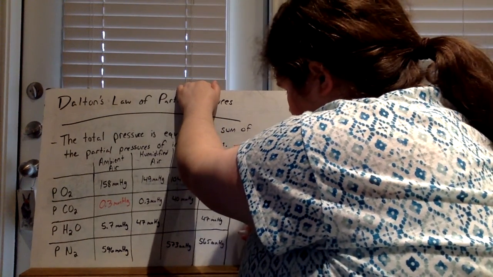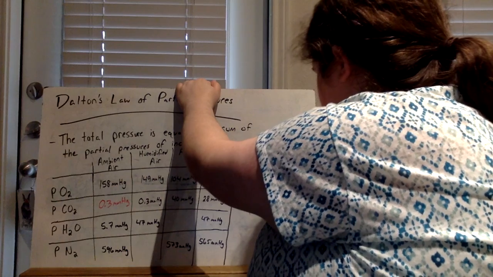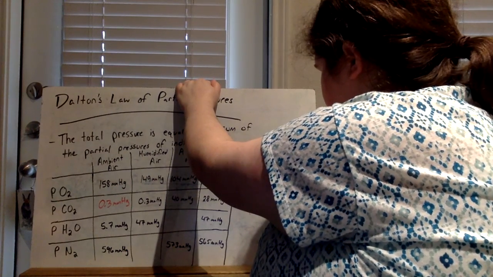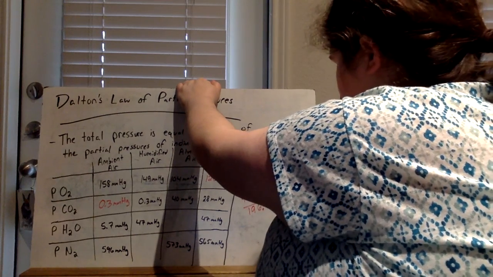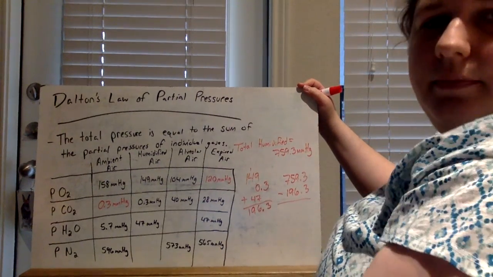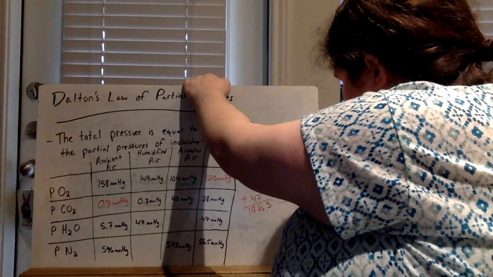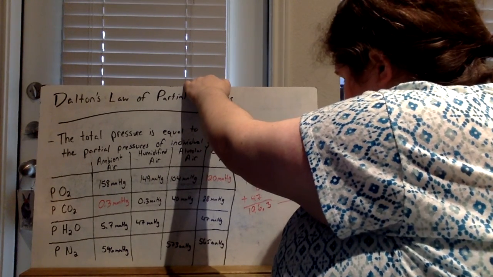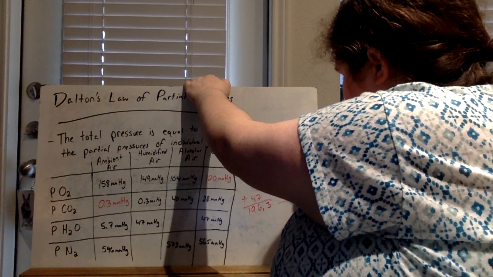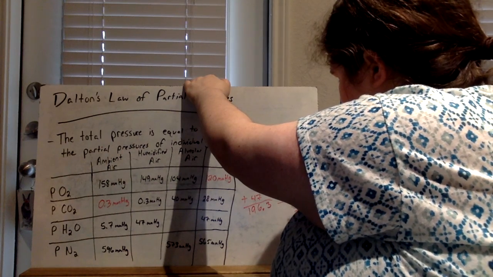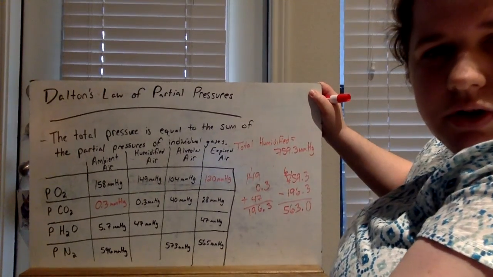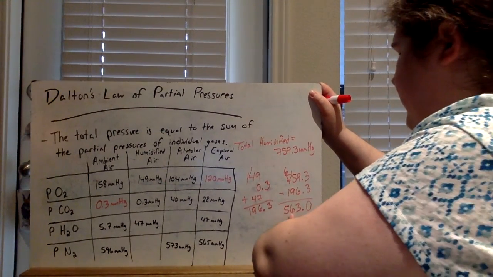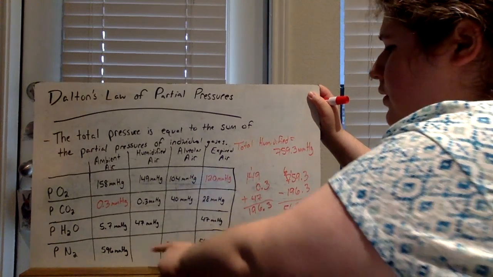So I'm going to do 759.3 minus 196.3. Notice I'm keeping all my decimals in line. Okay. So I get that my partial pressure is 563.0 millimeters mercury for nitrogen.